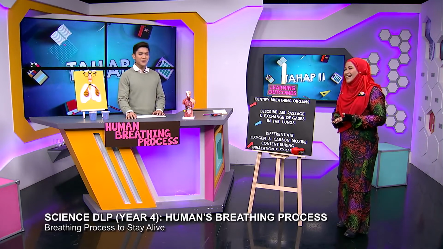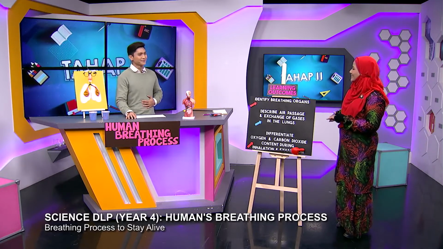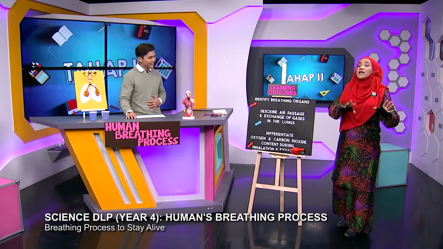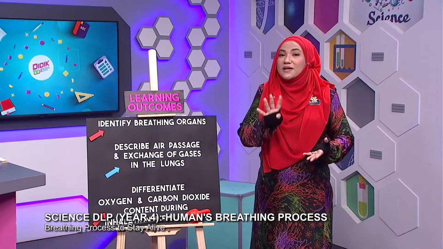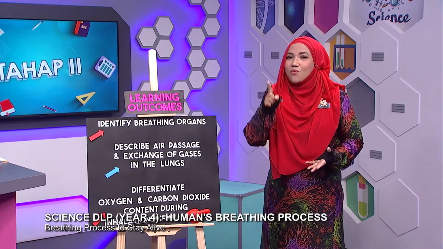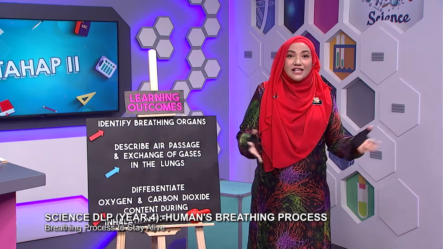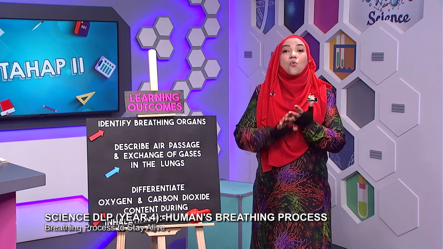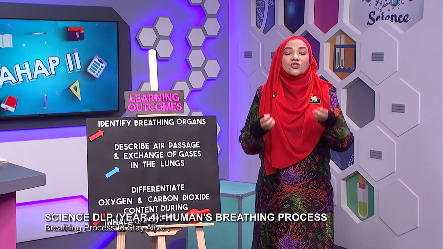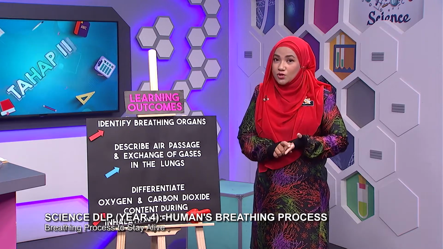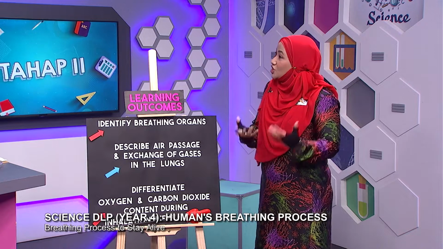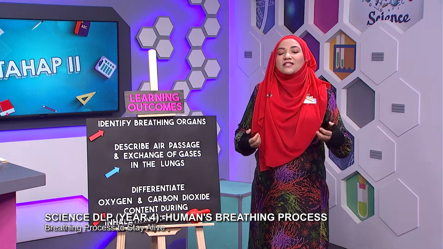Now that you mentioned food and water, we have also learned about the basic needs of humans. There are 4 basic needs. You still remember? Number 1 is air. Then water for us to quench our thirst, and also we need food. Food gives us energy, makes us grow, and keeps us healthy.